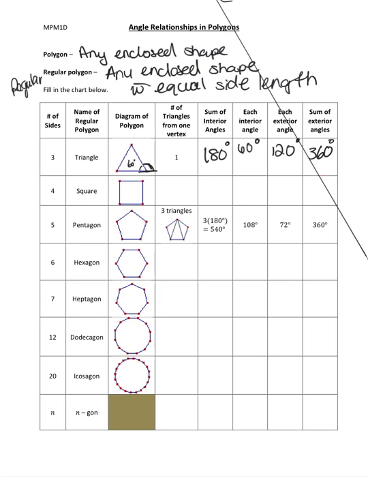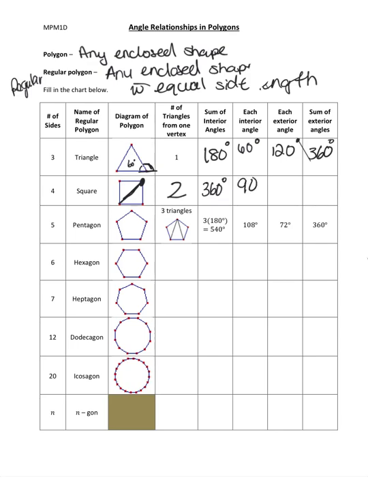Okay. So now if I'm looking at my square here, if I pick one vertex, let's say this one, I'm going to draw as many triangles as I can. If I draw a straight line from that one, I have 2 triangles here. The inside angles of my square all add up to 360 degrees, which also means that each interior angle is 90 degrees.